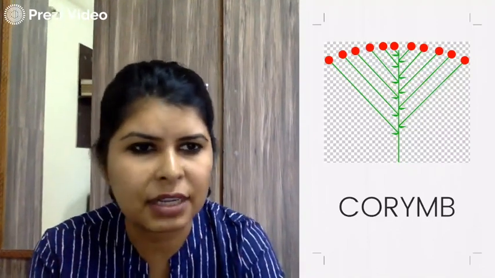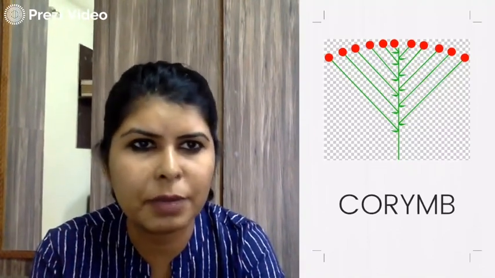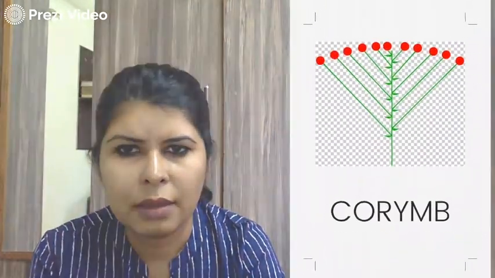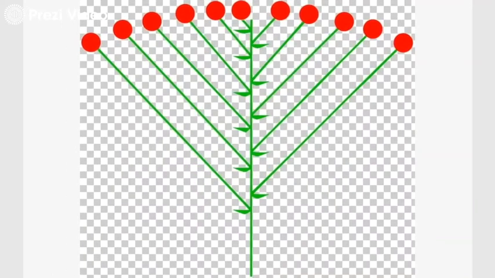If you look at the structure of the corymb carefully, you will observe that the lower flowers have a longer stalk and the younger flowers have a smaller stalk. So the length of the pedicel ensures that when you look at the entire inflorescence from the top, it appears that all the flowers are at the same height.